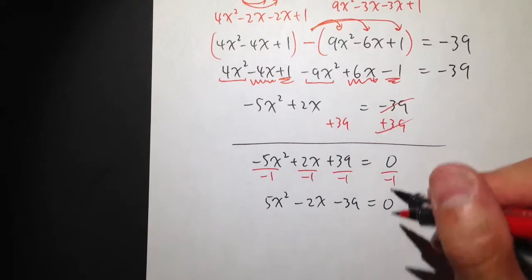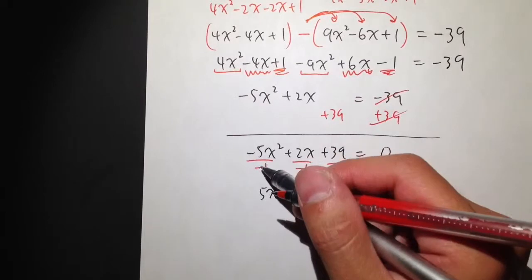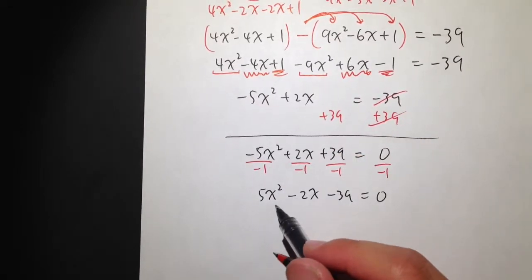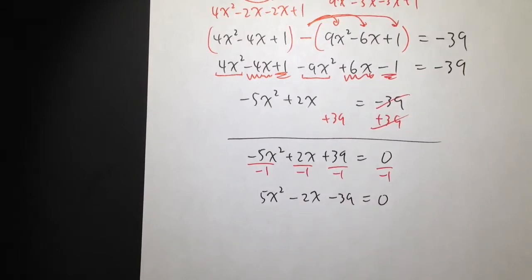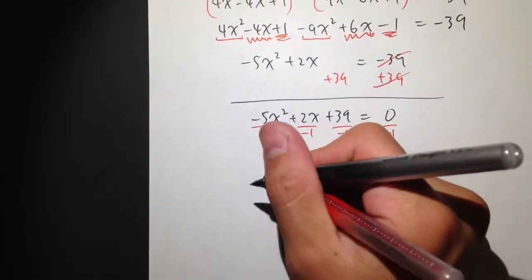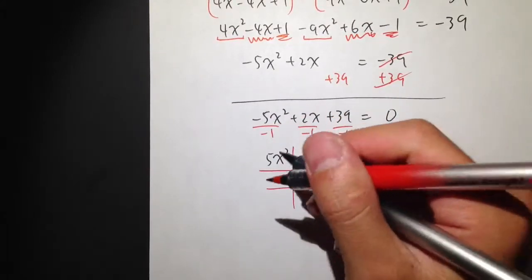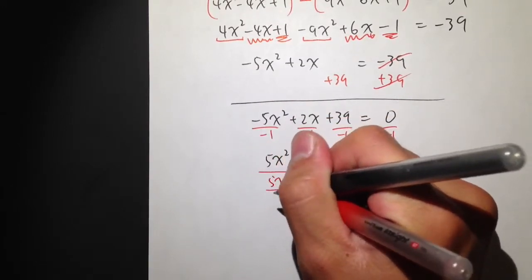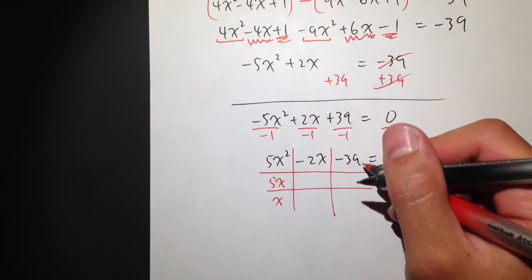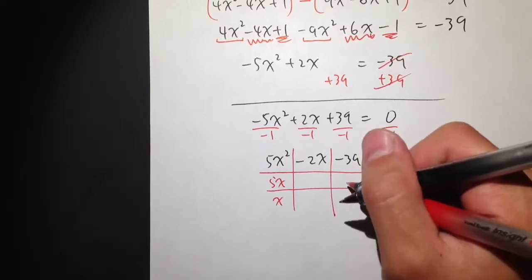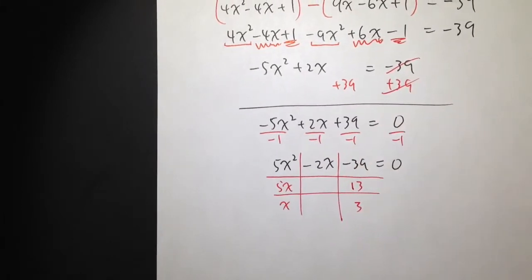It's actually possible to factor this even if we have negative 5x squared right there, but we just feel better about the question when we have positive 5x squared. So, as I have shown you in the previous example, 5x squared is 5x and x, and to get negative 39, we have 13 and 3. Let's put down 13 and 3, but one of them should be negative.